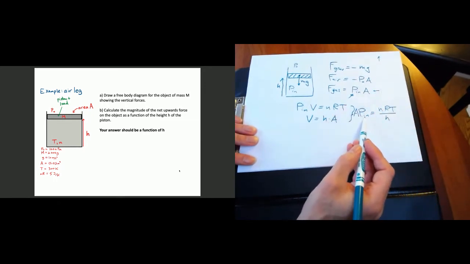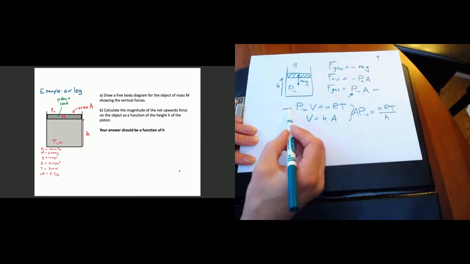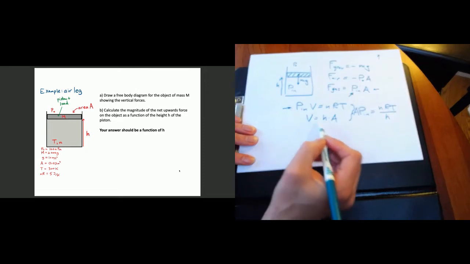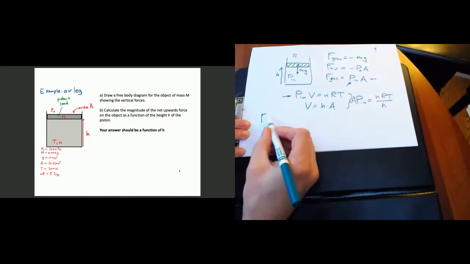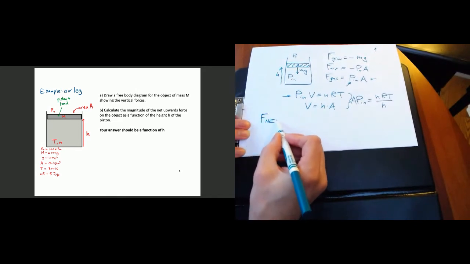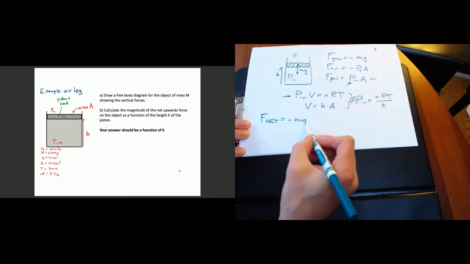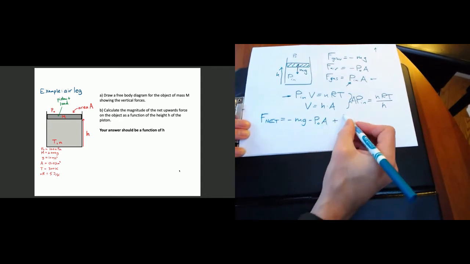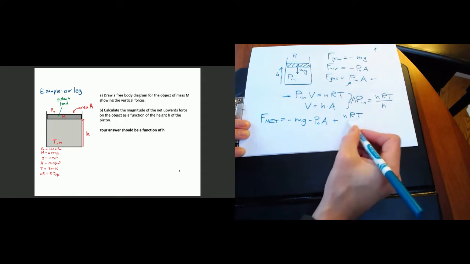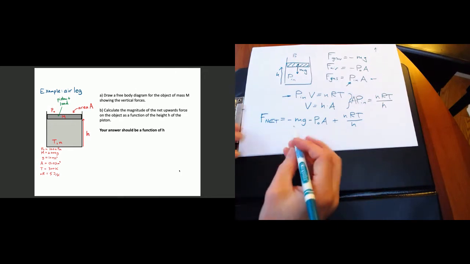So A times P equals nRT over H. That's just rearranging the ideal gas law and substituting in V equals H times A. Now we're ready to write the net force as a function of the height H. That's minus mg minus P0A plus nRT over H.